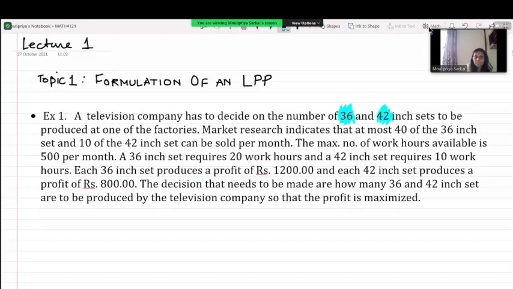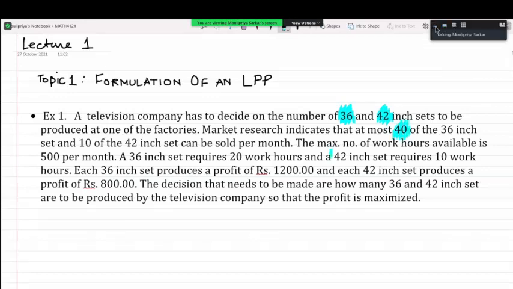What else? The market research indicates that at most 40 of the 36 inch set and 10 of the 42 inch set can be sold per month. The maximum number of work hours available is 500 per month, and a 36 inch set requires 20 work hours. That's also important, whereas a 42 inch set requires 10 work hours.